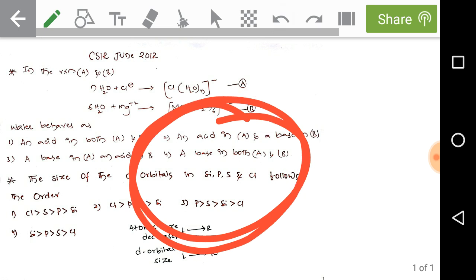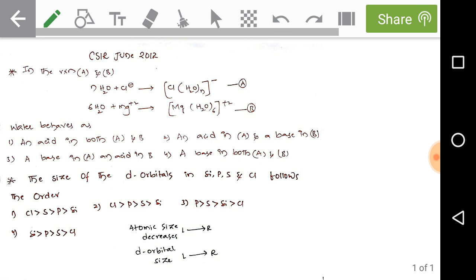So with electrons continuously increasing from left to right, this leads to an increase in the size of the d orbital. By this concept, the d orbital size is highest in silicon, followed by phosphorus, followed by sulfur, followed by chlorine.